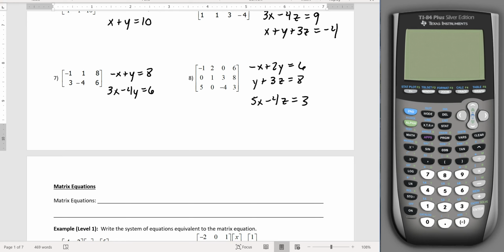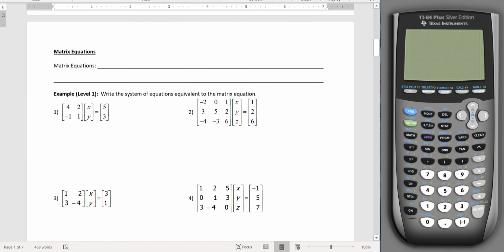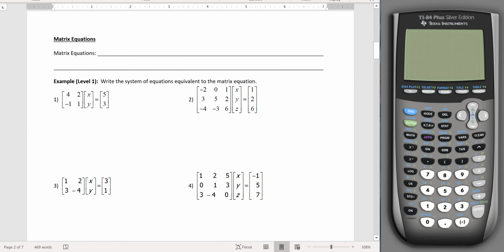So augmented matrices are one way that we can represent systems of equations as a matrix. Another is a matrix equation. Now, the key difference between these is that a matrix equation is an equation, and therefore it has an equal sign. It's composed of multiple matrices.